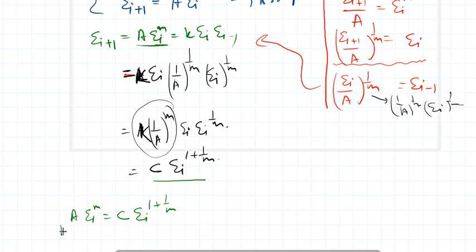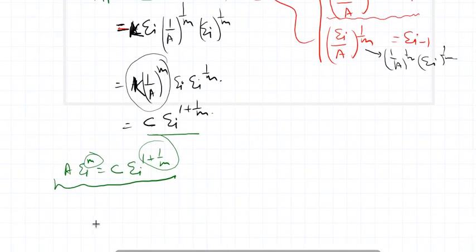This equality will hold when a is equal to c and this power is equal to this power. In other words, epsilon i raised to power m is equal to c over a epsilon i raised to power 1 plus 1 over m.